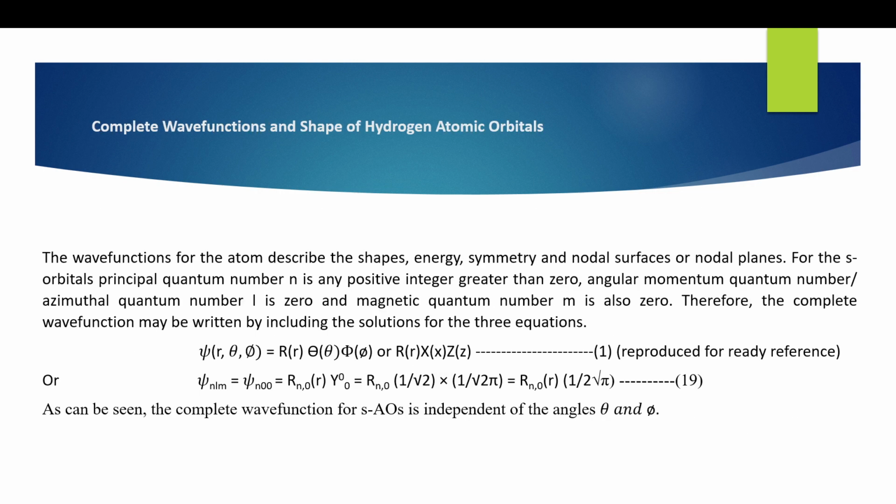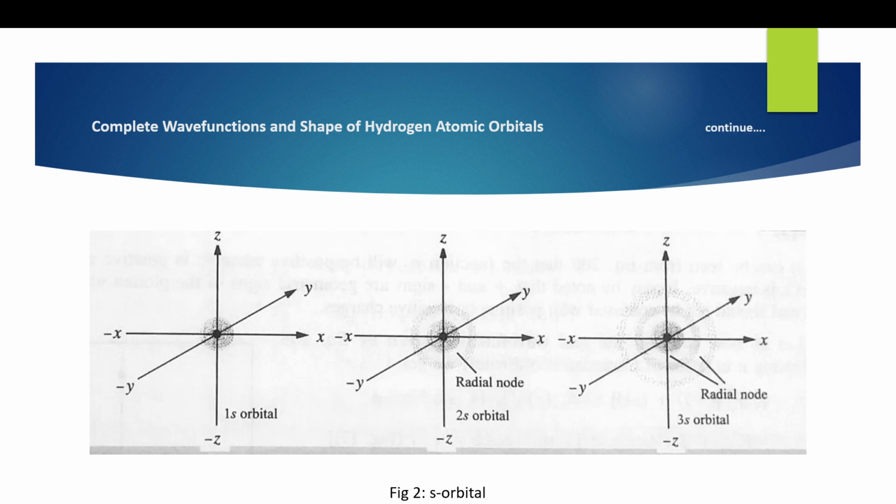Complete wave function and shape of the hydrogen atomic orbital. Complete wave function means the radial part, theta part, and phi part, that is, the angular part and the radial part. The complete wave function for a hydrogen-like atom is given as equation 19. Here, s orbital is shown.